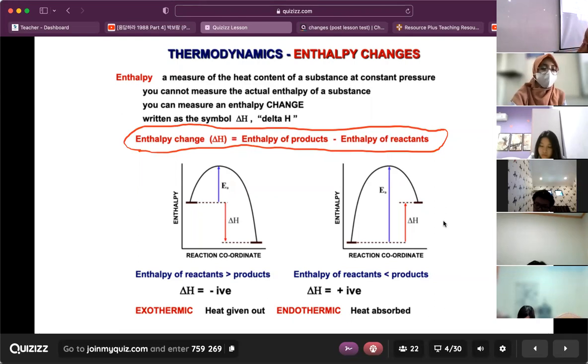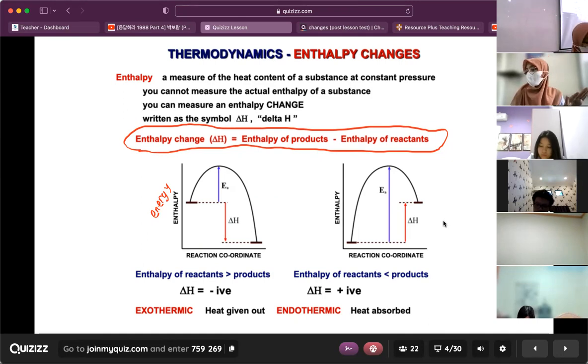The reaction pathway of exothermic and endothermic reactions. So please do remember, the y-axis is the enthalpy or energy, and the x-axis is the reaction coordinate or reaction pathway.